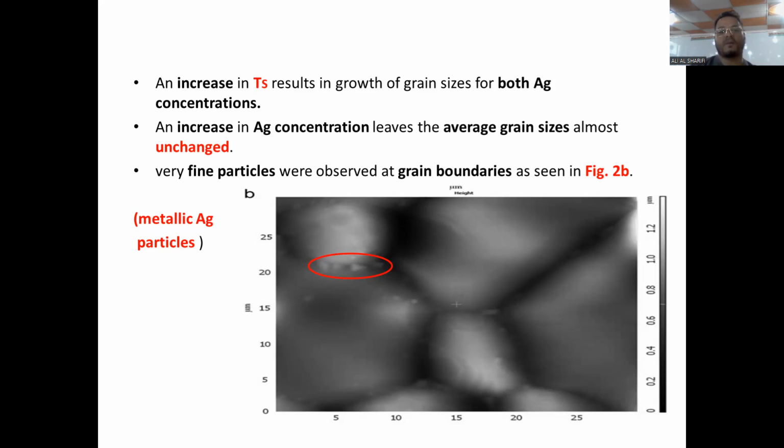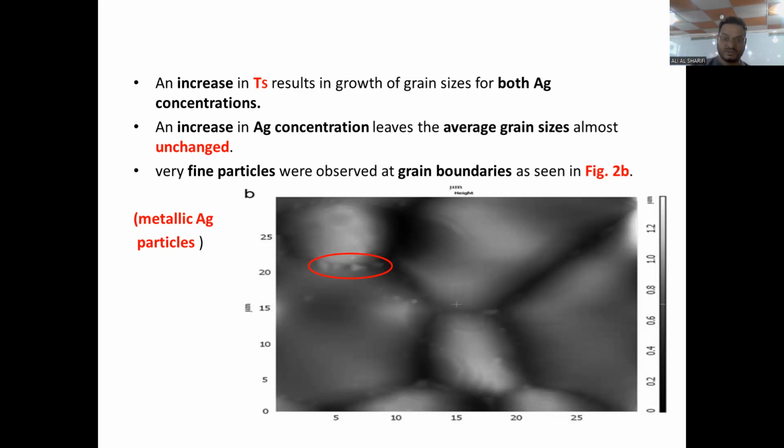Let me come back to these slides. An increase in sintering temperature, like I said before, gives a growth of grain size for all of the different silver concentration ratios; the grain size will increase with increasing sintering temperature.